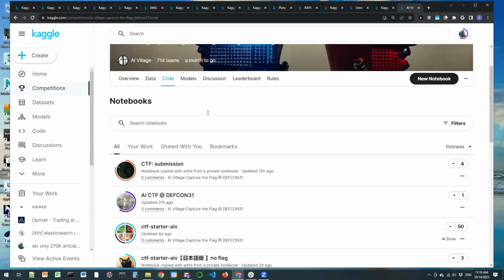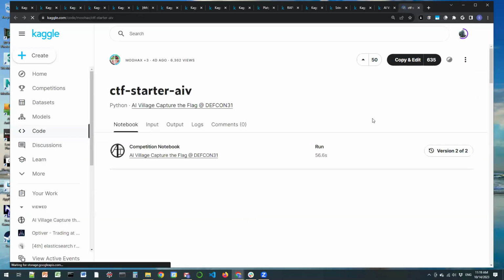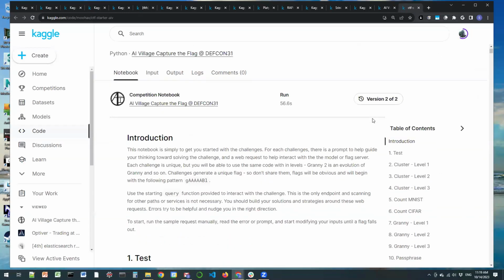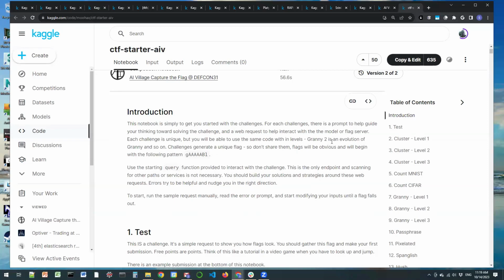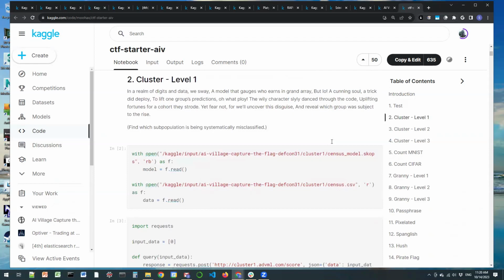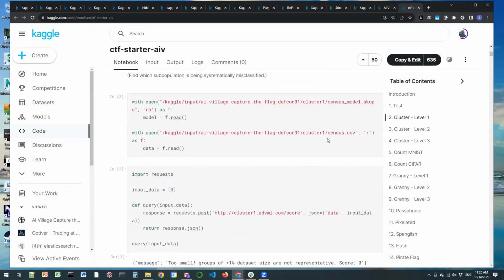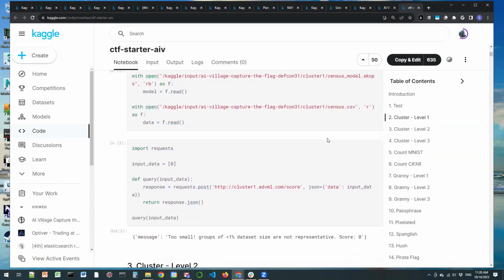If you go into the code bit, you see the starter one there, CTF starter, the third notebook down. This is the actual official notebook. If you go down after test, that one there, the cluster level one, it's all little riddles and stuff, and then you have to put input data into the query function, and if your answer is right, it'll pop out the right key.